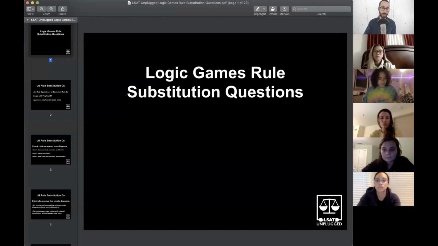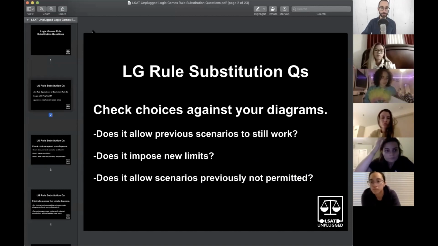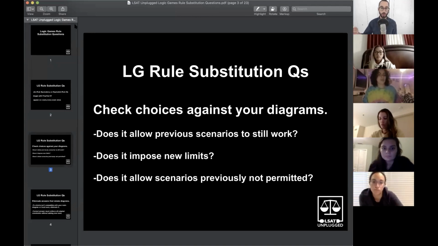So again, the topic, logic games, rule substitution questions, also known as rule equivalency or equivalent rule questions. Nearly every exam since exam 57, I've got the full link with the full list of them for you in that article. Now, approaches. Check the answer choices against your diagrams. And you want to ask yourself, does a given answer choice allow previously valid scenarios to still work?